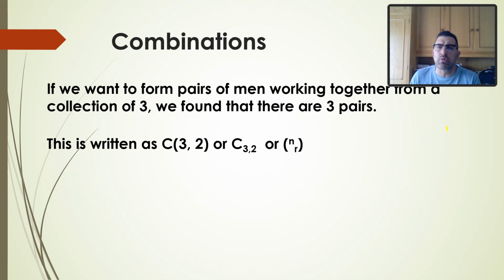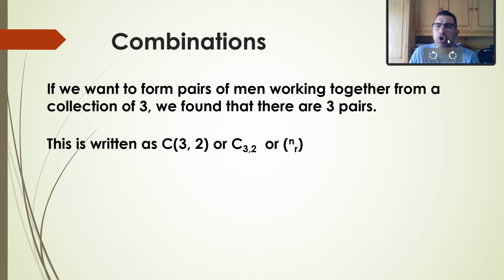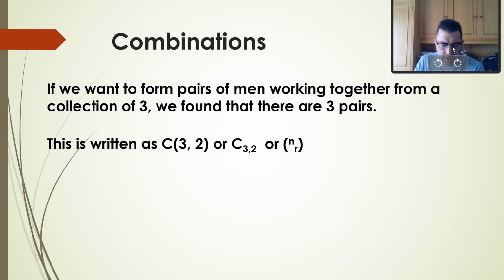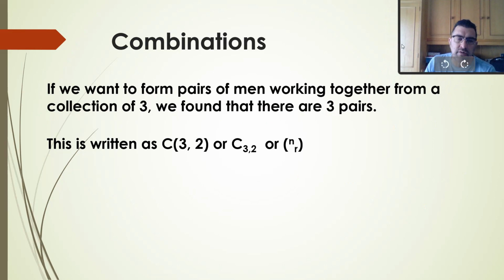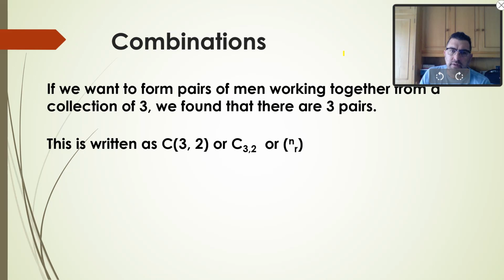So let's talk combinations. Combinations are different. Combinations are things where we select and the order does not matter. So if we want to form pairs of men working together from a collection of 3, we found there are 3 pairs.